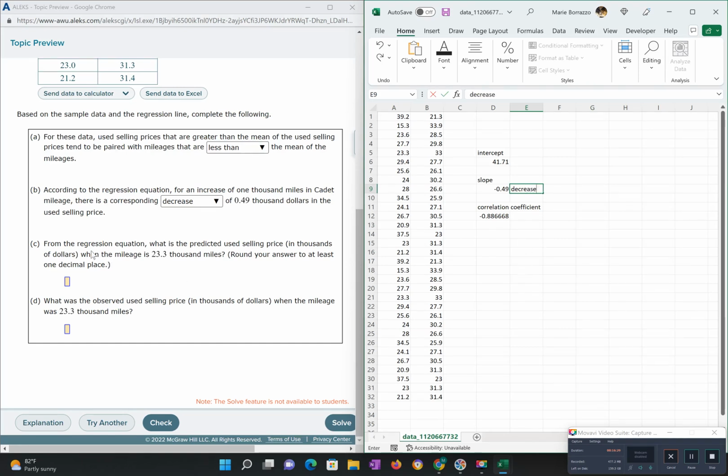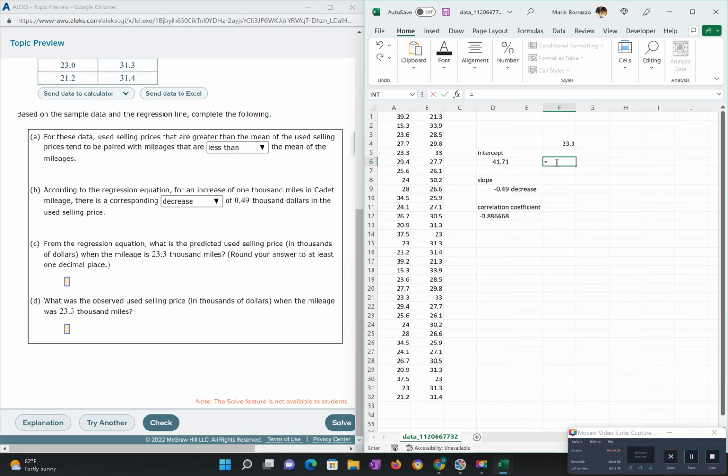Okay. From the regression equation, what is a predicted used selling price in thousands of dollars when the mileage is 23.3 thousand miles? So, okay, we use our equation. They ask us for 23.3. That's like our x in a sense. So we're using y equals.